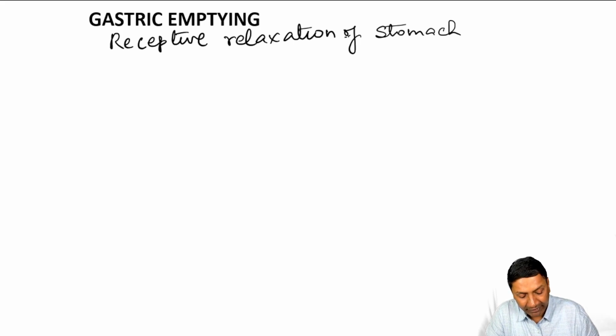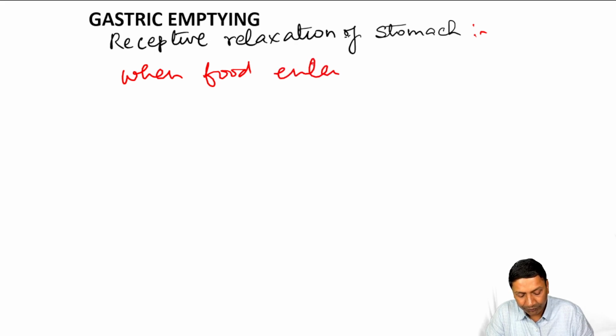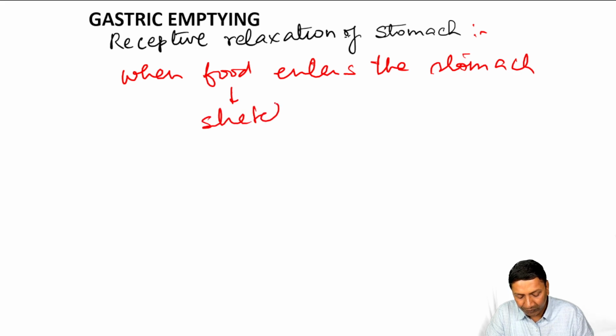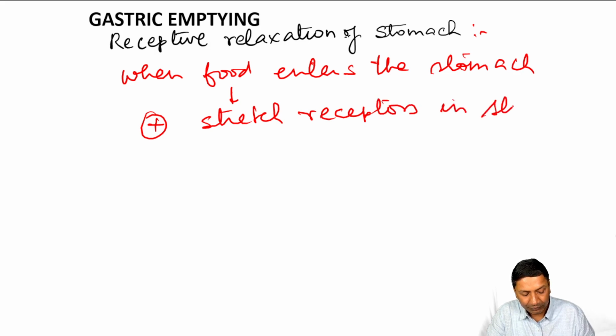So how does this receptive relaxation happen? When food enters the stomach, the food in the stomach will stretch the receptors present in the stomach. So it will stimulate the stretch receptors present in the stomach, right?